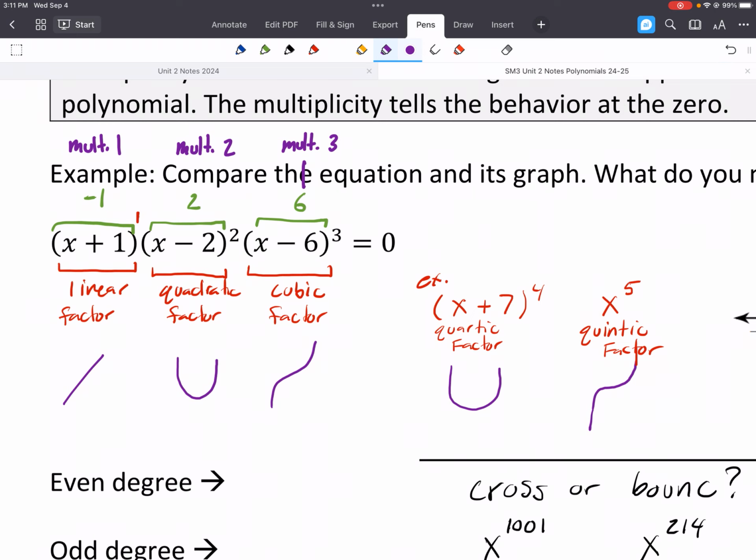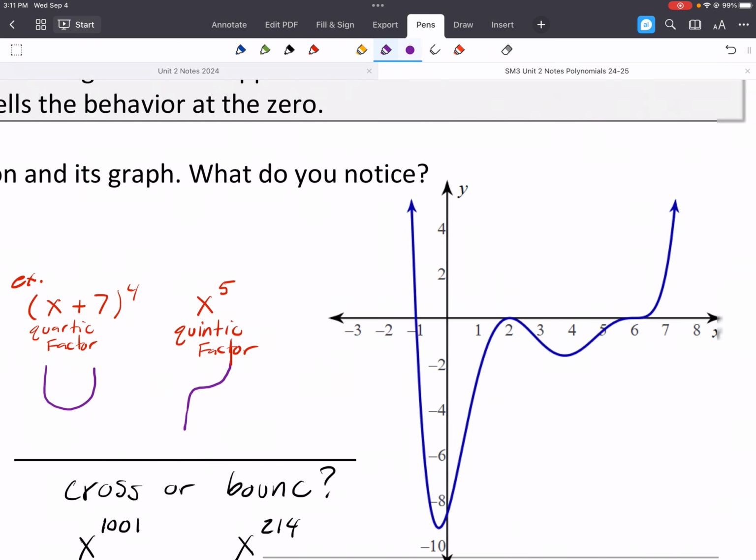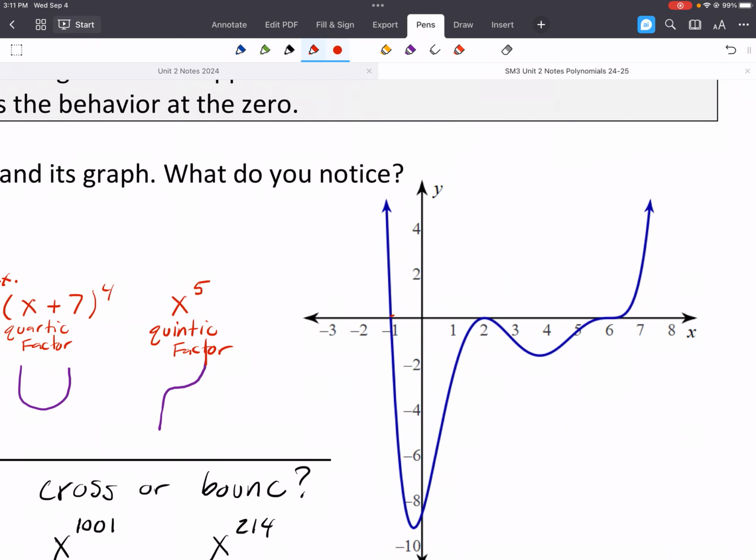We have one at negative 1, 2, and 6. For negative 1 we had a multiplicity of 1. This had a multiplicity of 2, and here we had a multiplicity of 3.